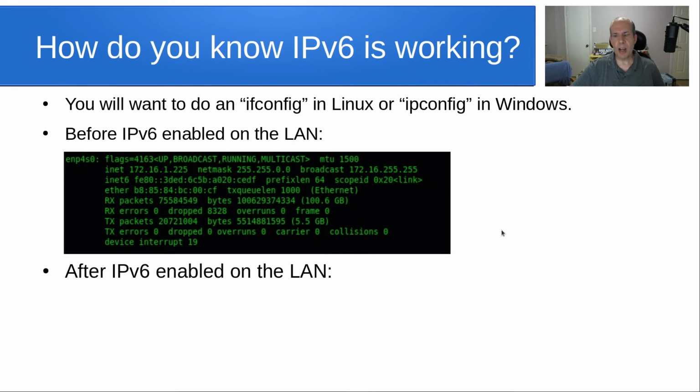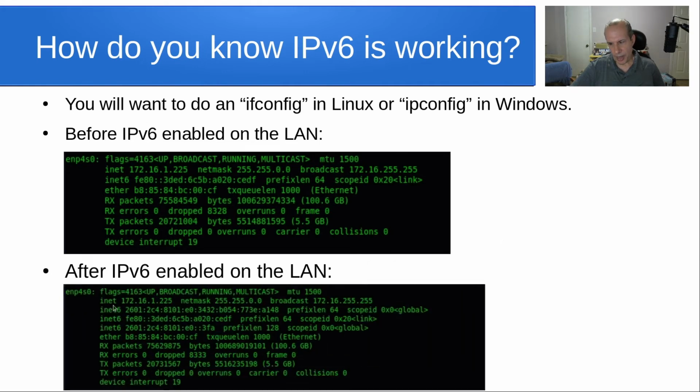So after IPv6 is enabled on the LAN, we then have 3 lines for IPv6. The first line you see here, which is really, really long, is the IPv6 global address on the internet for this particular node. And remember, everything on your LAN has a global address, an address reachable from anywhere in the world, basically.